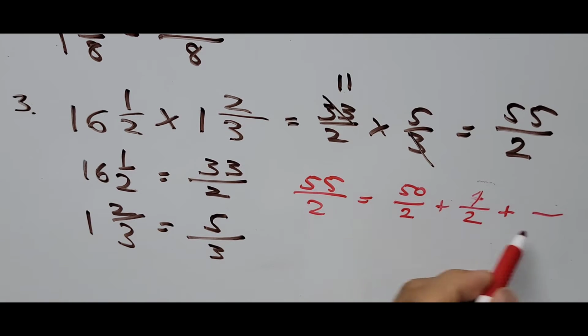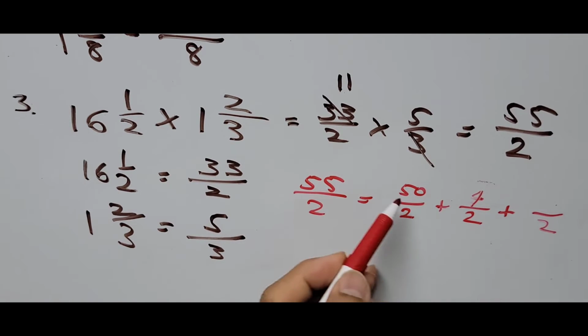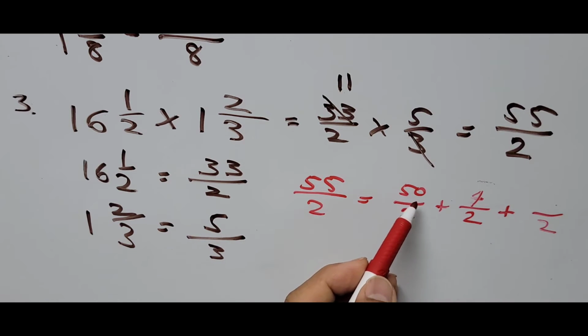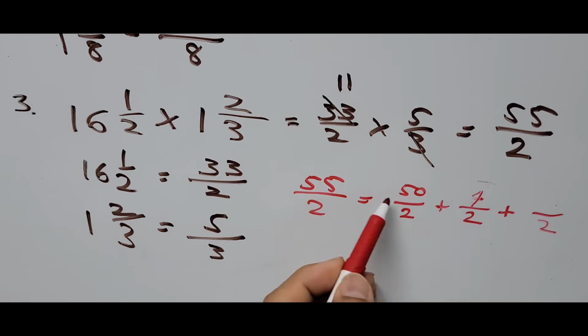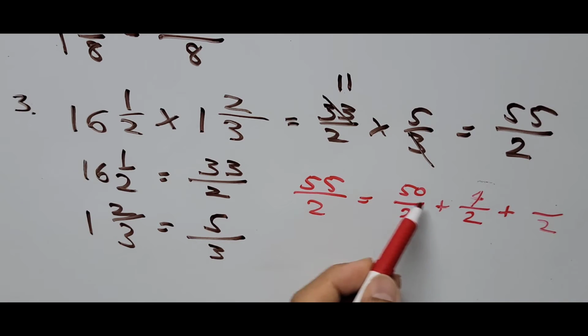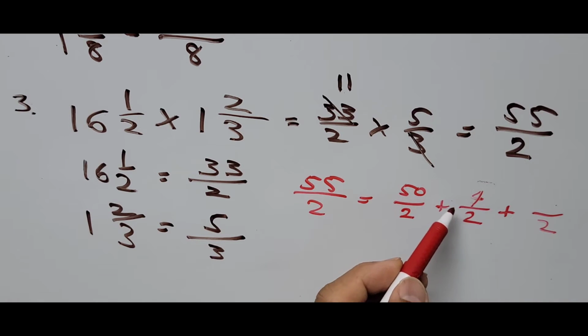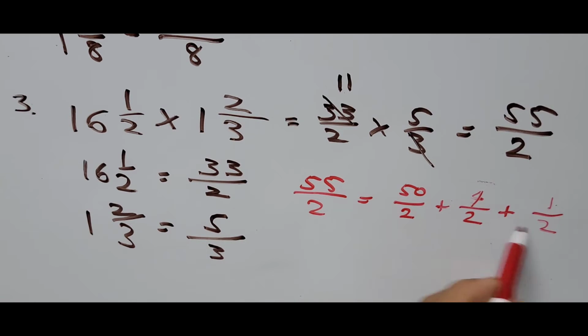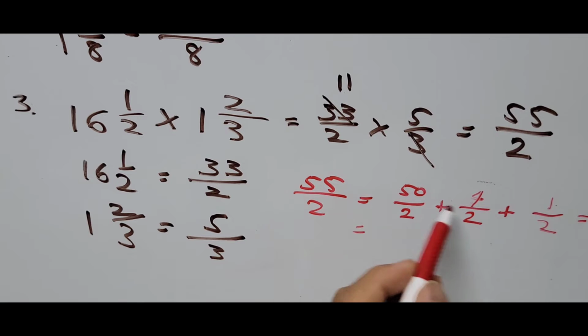So we have another denominator. If you take a look, 50 is just expanding it. 50 plus 4 becomes 54, and the remainder out of that 55 minus 54 is 1, and we all have the same denominator. What we have to do now is combine all of these. It's the same as 55 over 2, right?